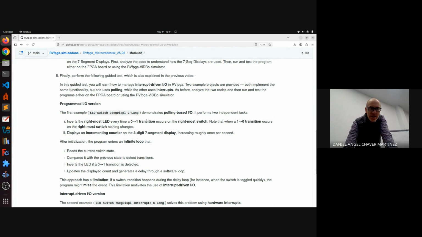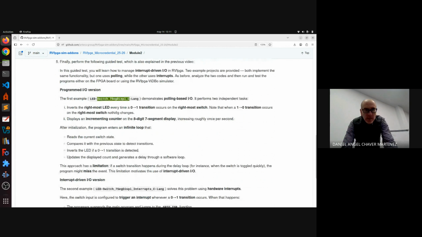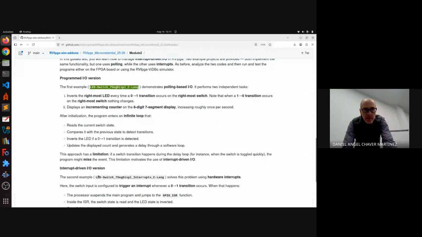task that asks you to compare a programmed input-output program and an interrupt-driven input-output program, one that uses polling and one that uses interrupts. So you are provided with these two projects, one called like this here, and another one called the same, but with the word interrupts.